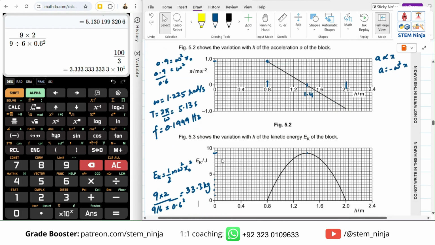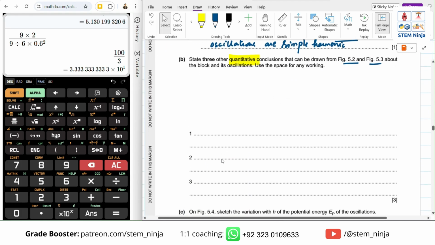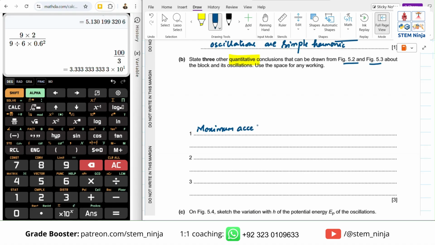So we have to write the workings over here. Maximum acceleration is 0.9. You could say meters per second squared also, because the acceleration is omega squared x.